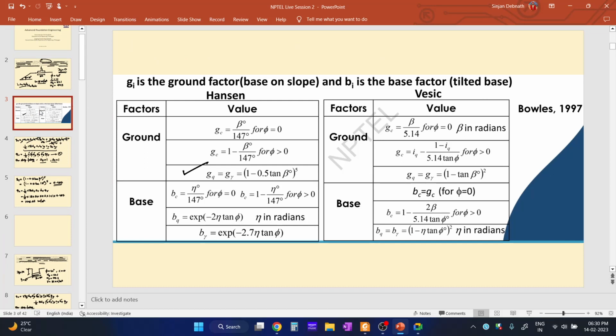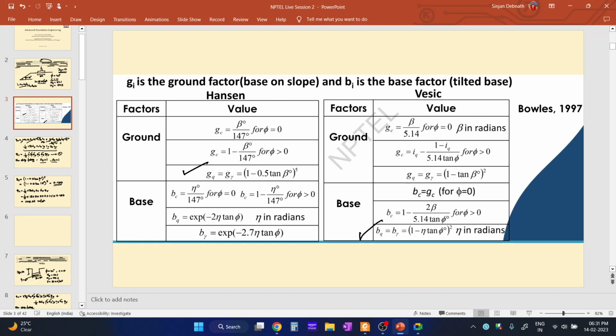So here if you look at this chart, for Vesic's theory, bq is equal to b gamma, which is equal to (1 minus eta tan phi) square, where eta is the tilt base angle, the angle the base of the foundation makes with the horizontal ground. So bq is equal to b gamma, equal to (1 minus eta tan phi) square.